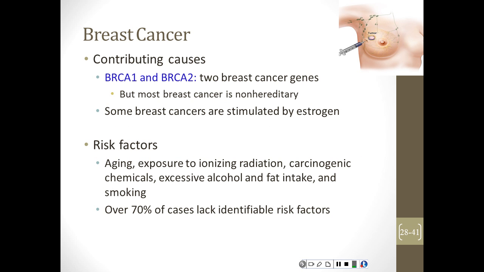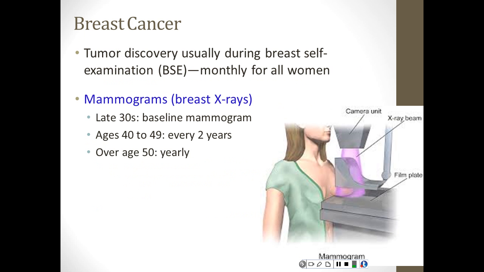So other risk factors include aging, exposure to ionizing radiation, carcinogenic chemicals, excessive alcohol and fat intake, and of course smoking. See, smoking seems to be a leading cause in a lot of diseases. Now, in over 70% of cases, they lack any identifiable risk factors.